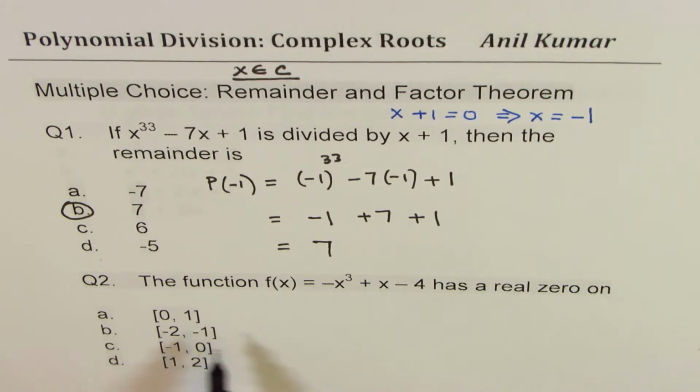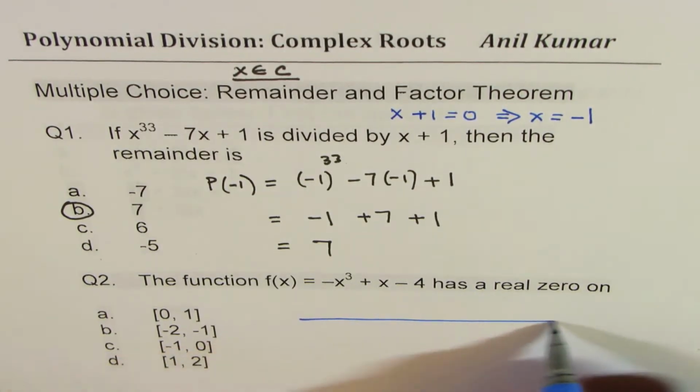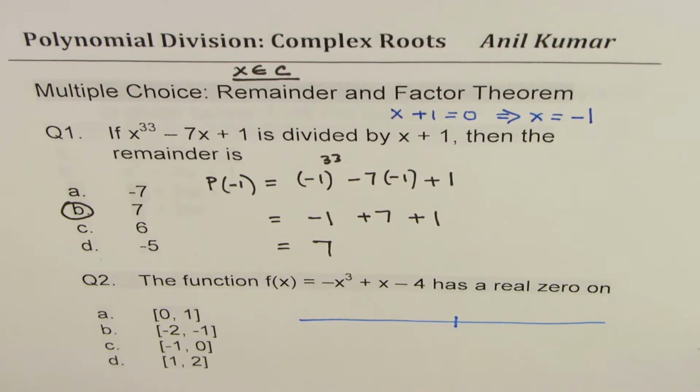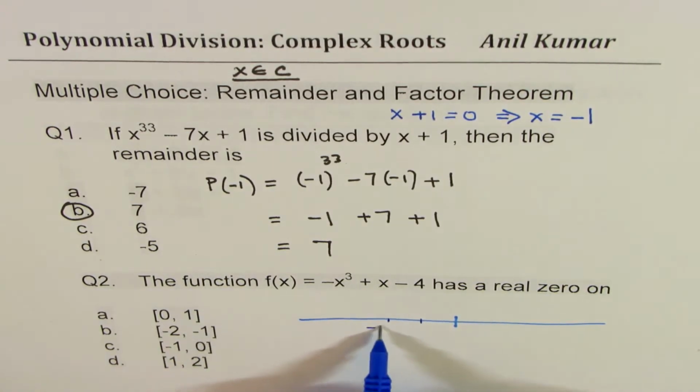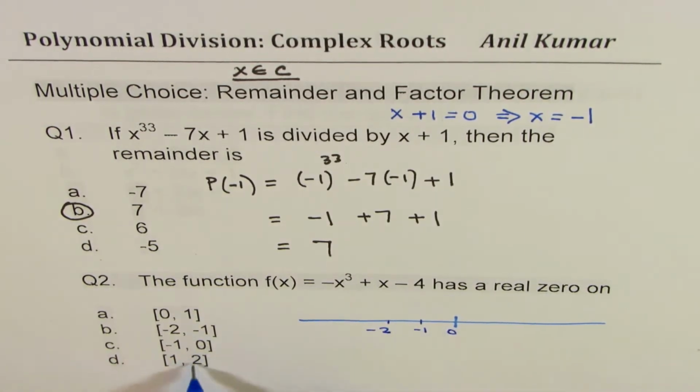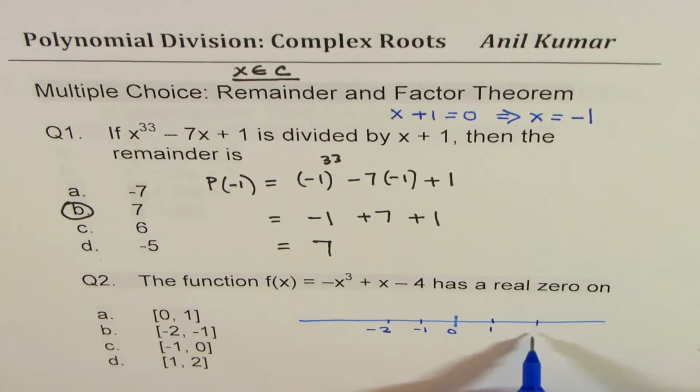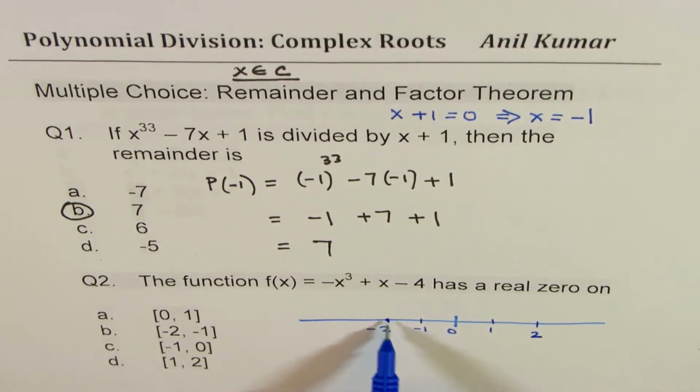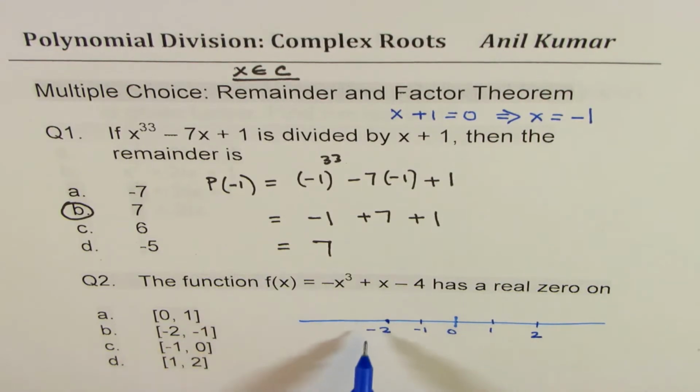The intervals are from 0 to 1, minus 2 to minus 1, minus 1 to 0, and 1 to 2. In such cases, let us analyze the situation. We are trying to figure out where the real 0 is. So intervals are from minus 2 to plus 2. For each point, we'll try to test the value of the polynomial.